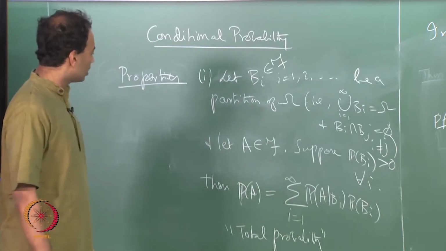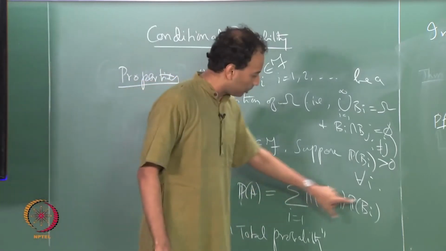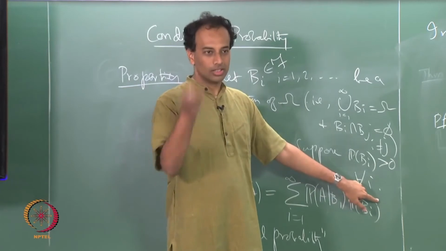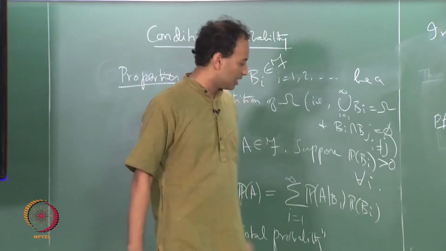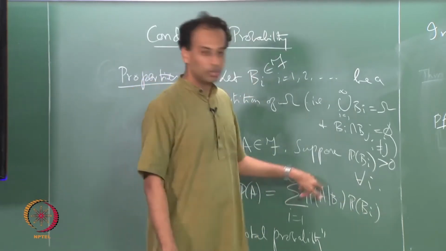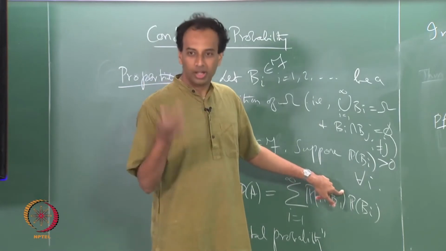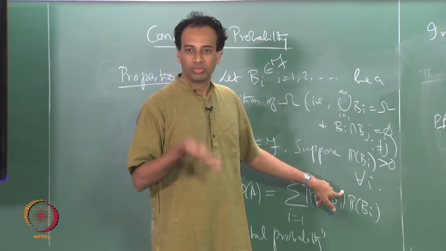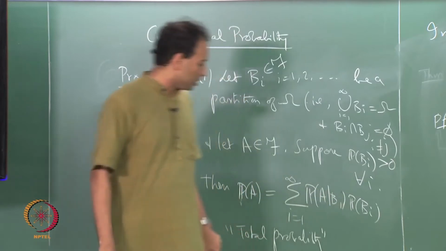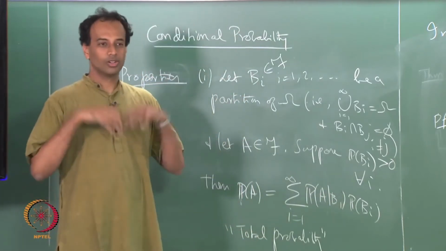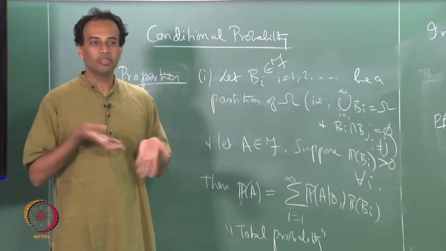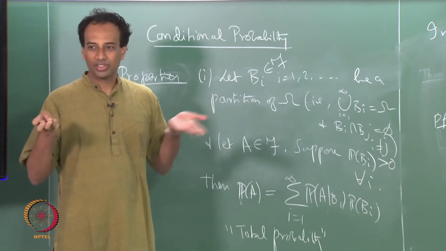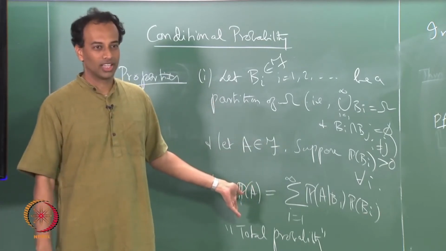The probability of choosing the ith urn is 1 over n, and the probability that you choose a red ball given that you chose urn i is n_i over n_i plus m_i. So, you can calculate the unconditional probability of picking a red ball. That is the kind of law this is saying.